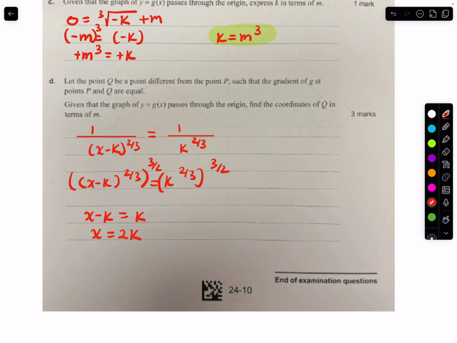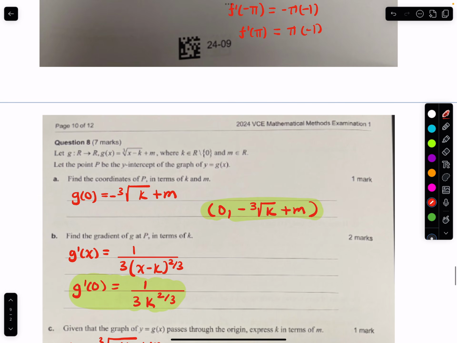And, okay, we've got the x coordinate for Q. Let's also find the y coordinate because it's coordinates. So we just sub it back into g of 2k, basically. So what's g of 2k? All right, so 2k minus k, cube rooted, plus m, so that'll be the cube root of k plus m.